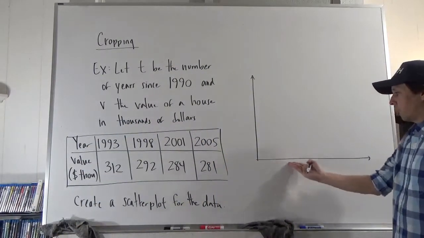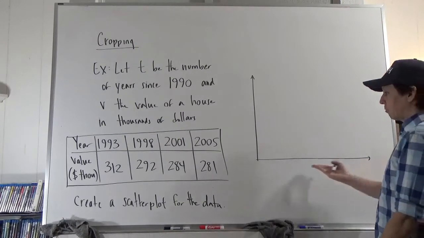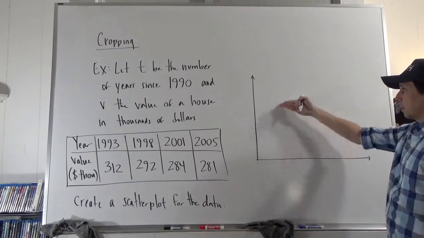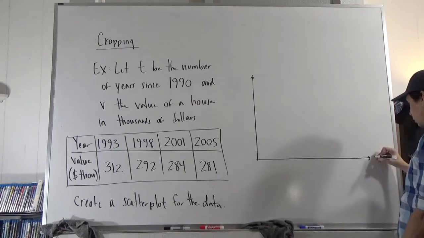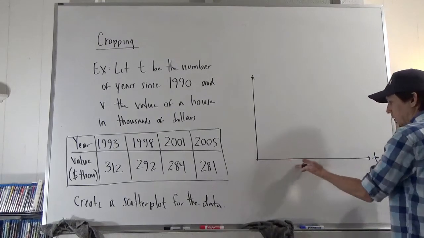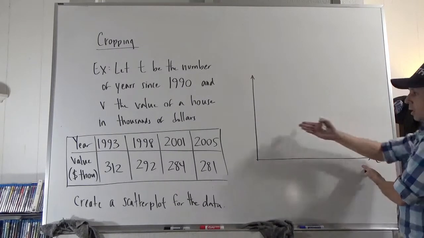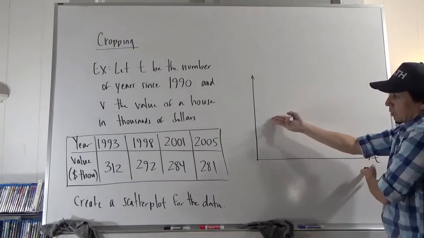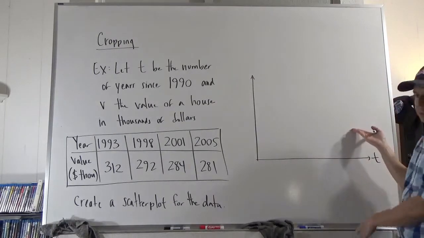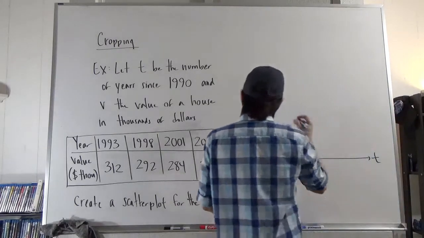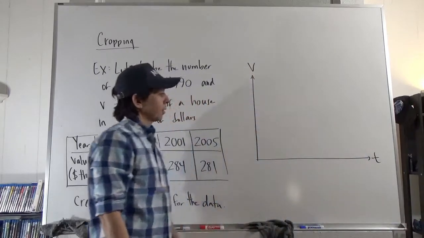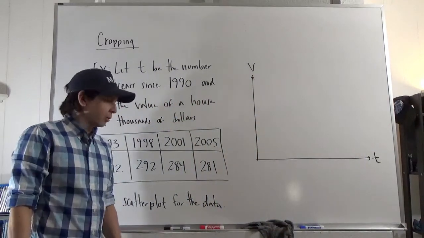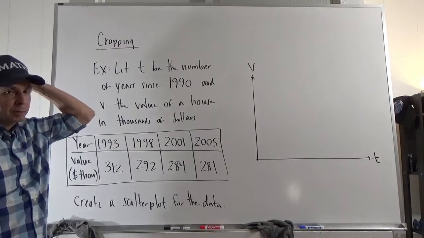And your independent variable goes along here, and that's not going to be the value. You're not going to see the value go along and time then going up or down. You're going to see time marching along, independent of anything else, and the value declining or anything like that occurring over time. So V is going to be your dependent variable. The value of the house depends on what year you're talking about.